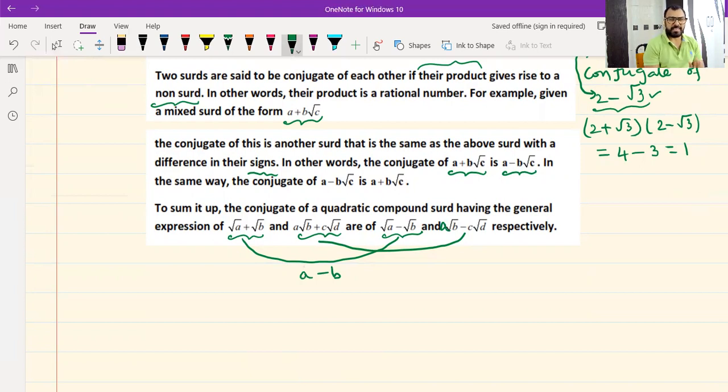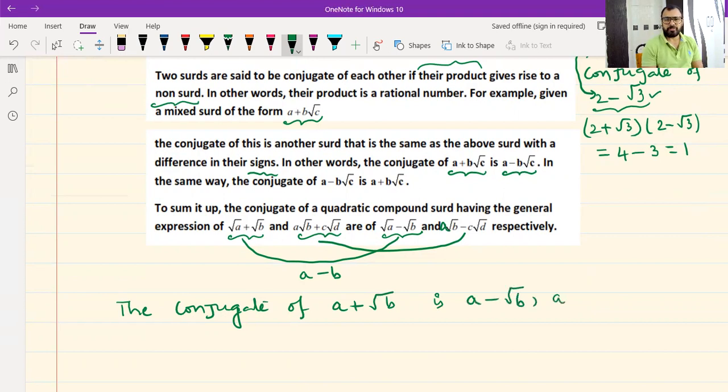So once again, the conjugate of a plus root b is a minus root b. Here a is a rational, and root b is a surd.